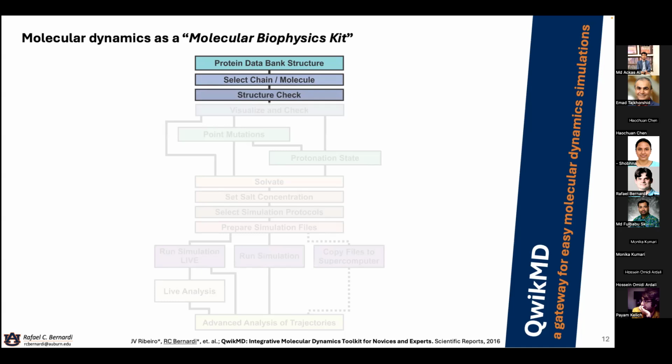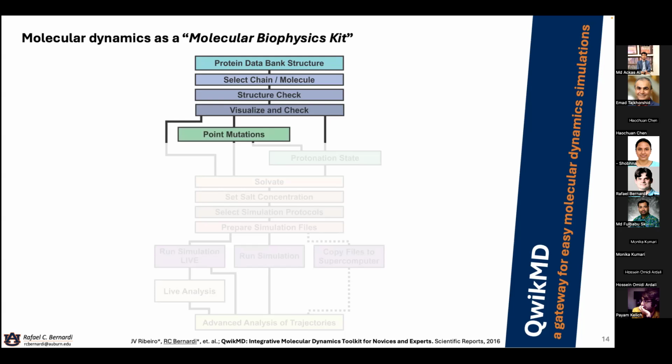You can check that structure, and by that we mean, are there missing loops? Are there things there that we don't have parameters for? We need to check for those. You can visualize and show a nice representation, like Diego was showing today, that can help you understand what the system is.